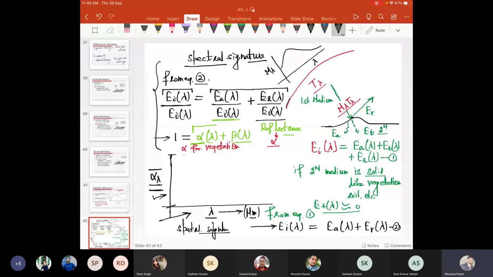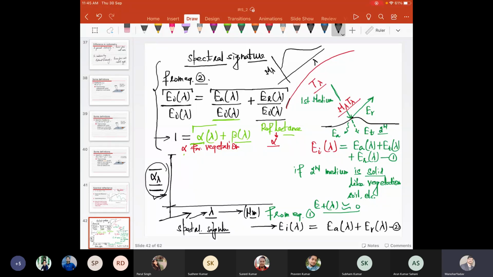So this spectral signature is the inherent property of the objects, where we see how, with respect to change in wavelength, the reflectance from that material changes. If we have a different reflectance at a separate wavelength, it means in a different spectral band from the same material, you can expect a different DN number.